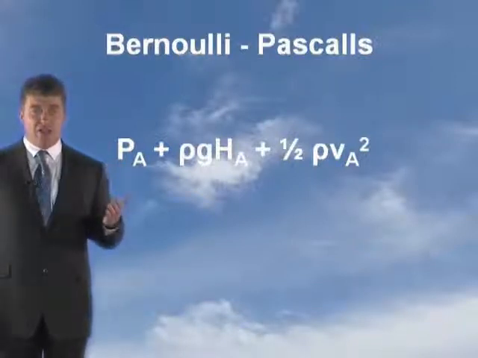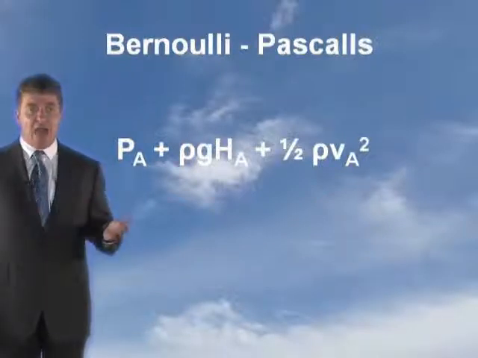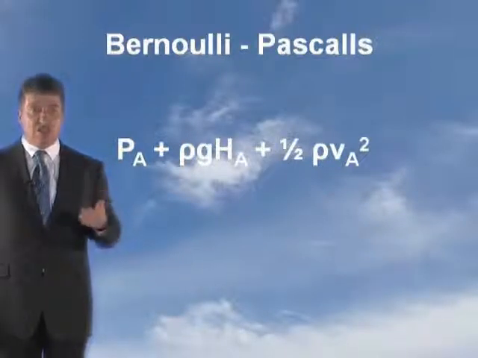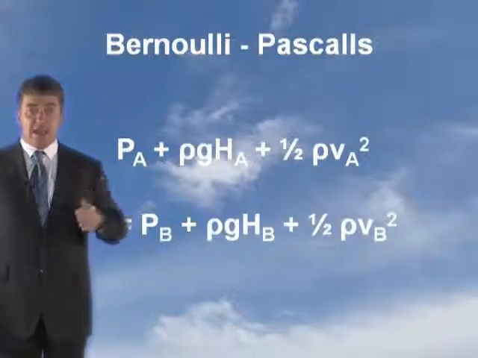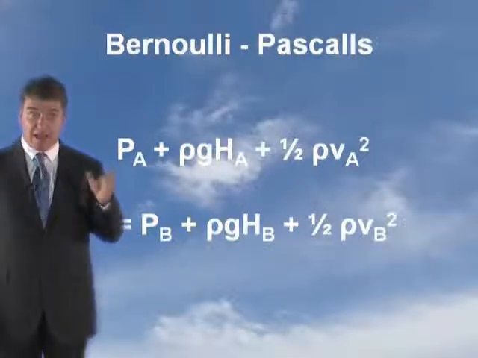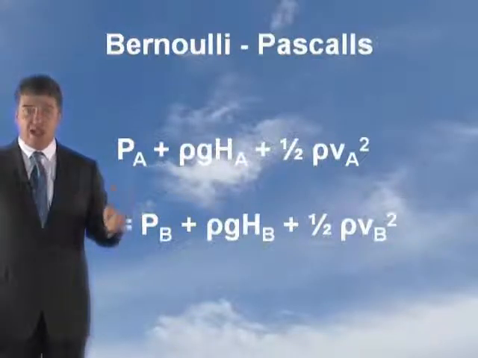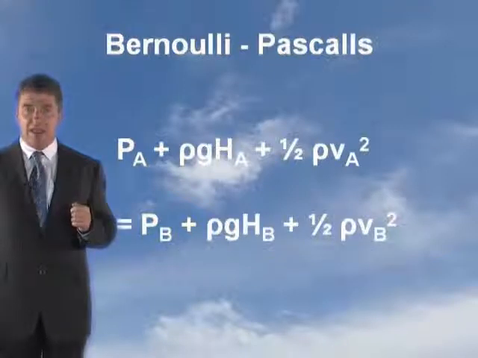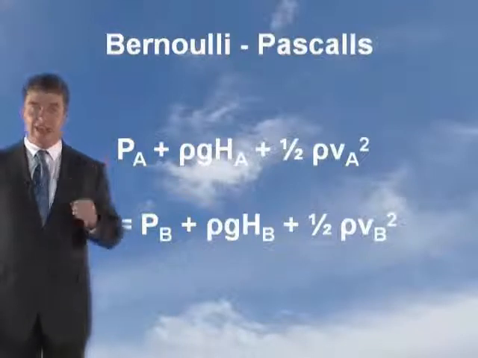PA, which is the pressure energy in pascals at point A, plus rho g hA, which is the potential energy at point A, plus half rho vA squared, which is the kinetic energy at point A, equals PB, which is the pressure energy at point B in pascals, plus rho g hB, which again is the potential energy at point B, plus half rho vB squared, which is the kinetic energy at point B.